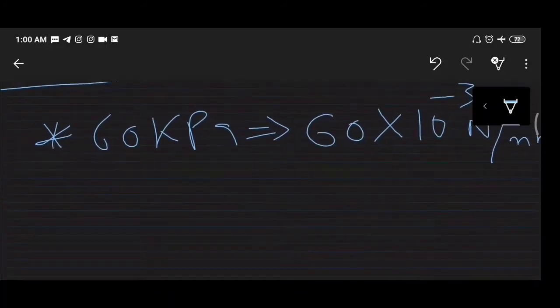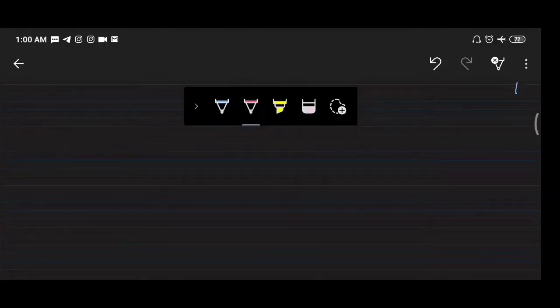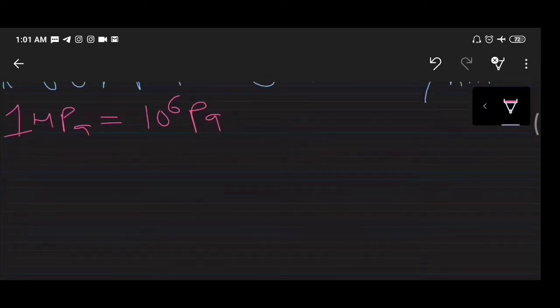Right? Next we'll try to understand one megapascal, which equals 10 to the power of 6 Pascal, and we know 1 Pascal equals Newton per meter square, that is 10 to the power of 6 Newton per meter square.